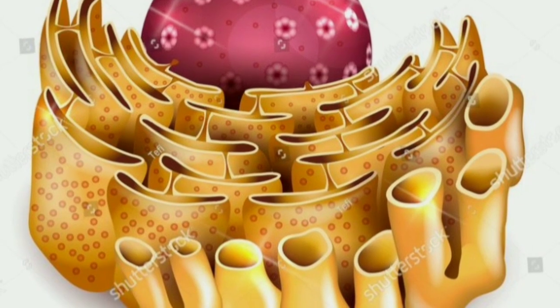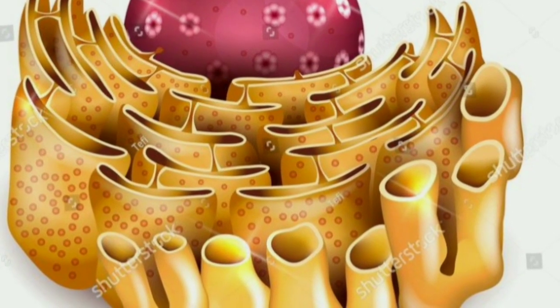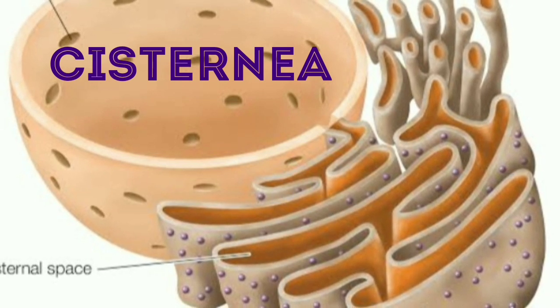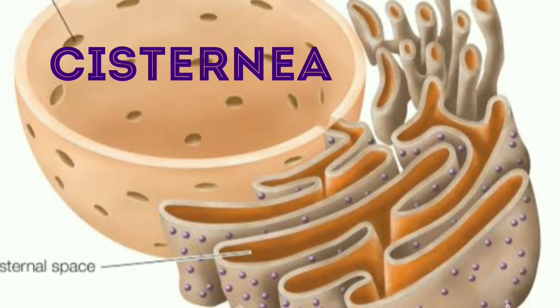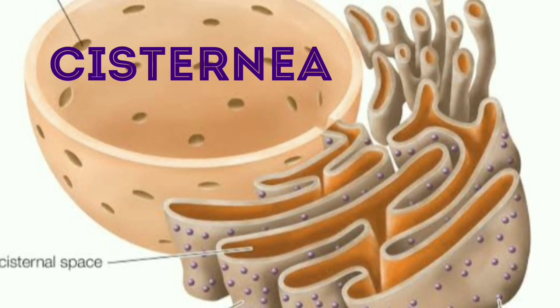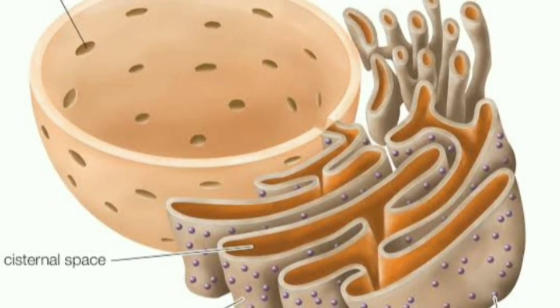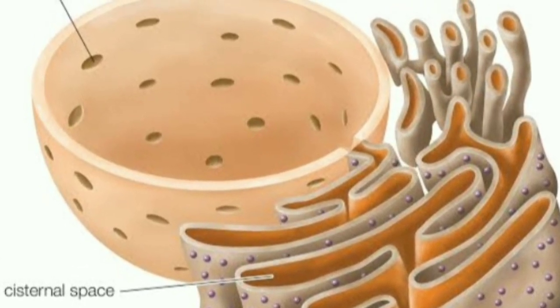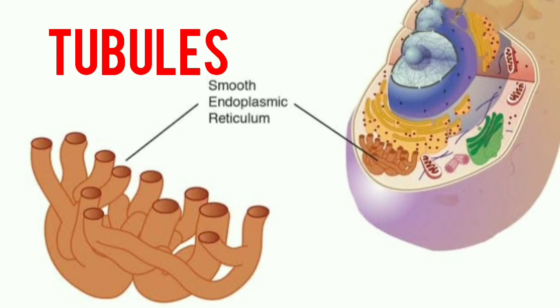Now we will look at the elements of endoplasmic reticulum. The first are cisternae. These are narrow, flat, tubular structures arising from the nuclear membrane, and on their surface ribosomes are present. They generally form the rough endoplasmic reticulum. The next element is tubules.